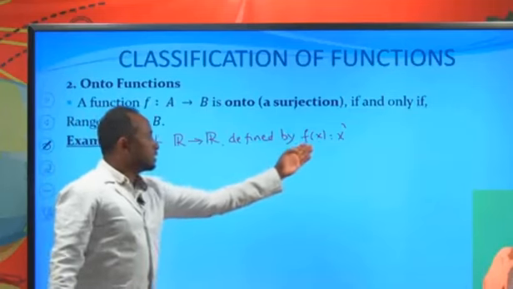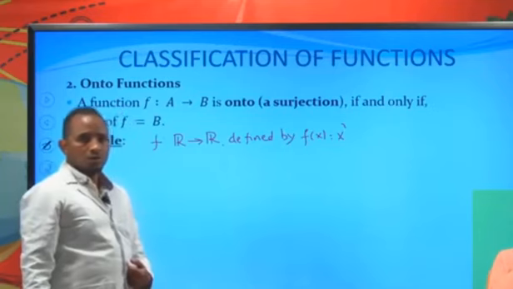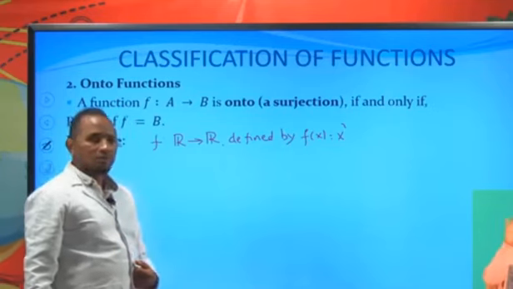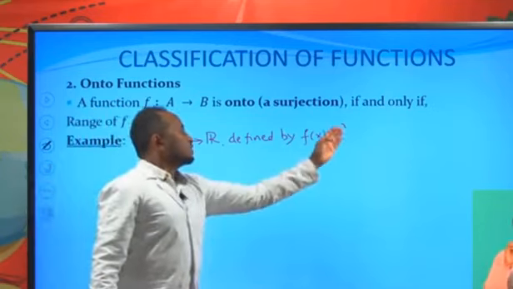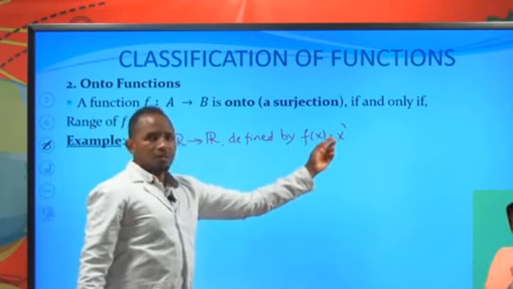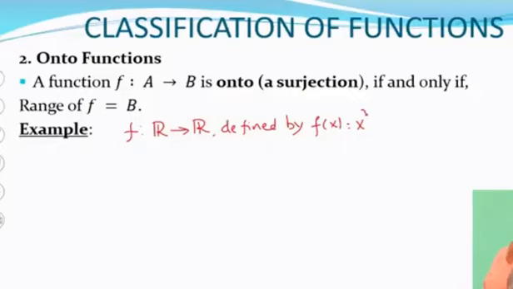To check whether this one is onto or not, simply you have to determine the range of this function. If the range gives you the codomain, the function is onto, otherwise not.